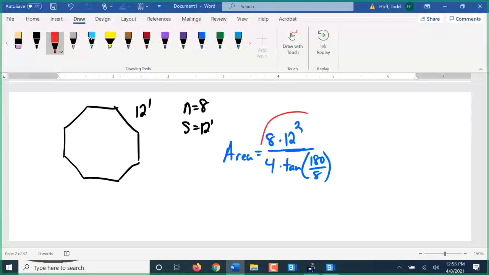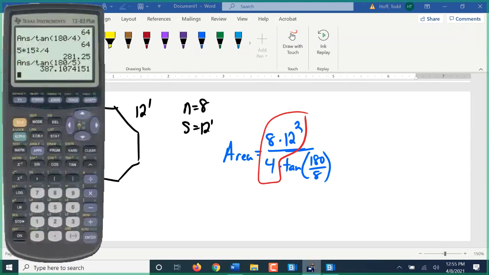Again, I'm going to do everything but the tangent first. That's 8 times 12 squared divided by 4, which gives me 288. Then I'm going to divide by the tangent of 180 divided by 8, which will give us 695.29.